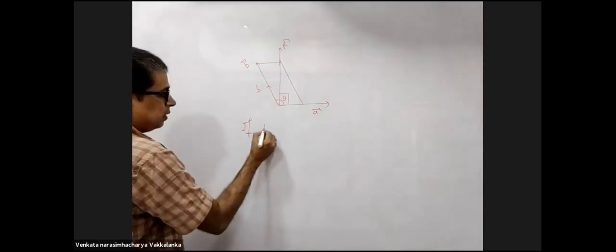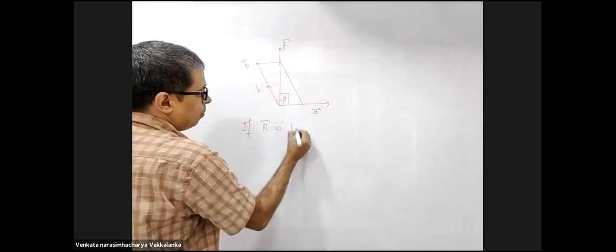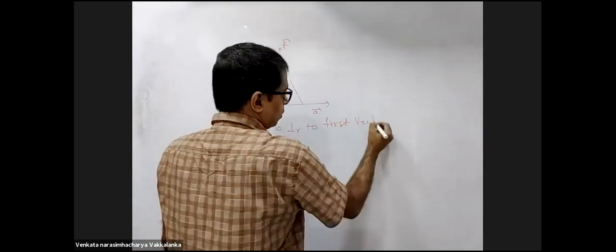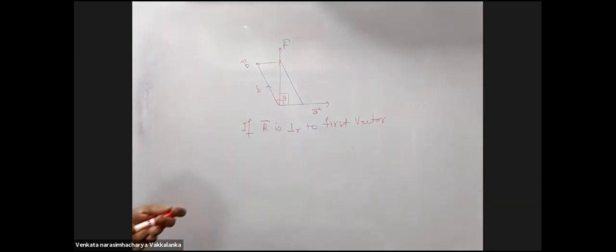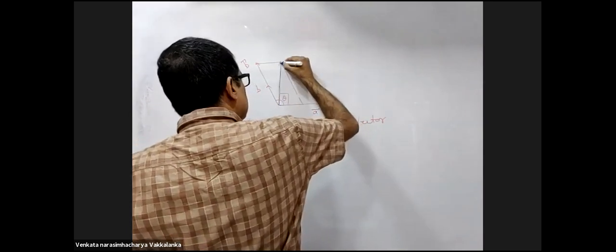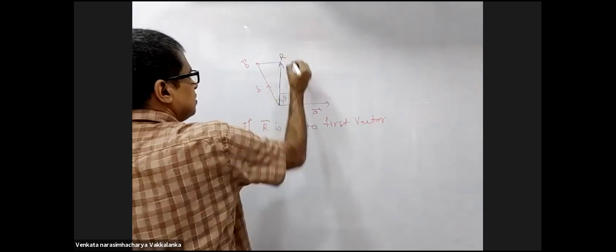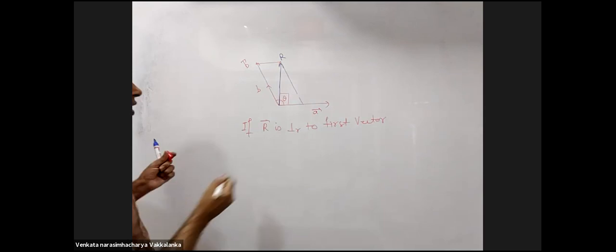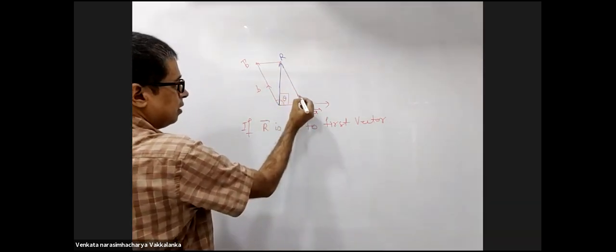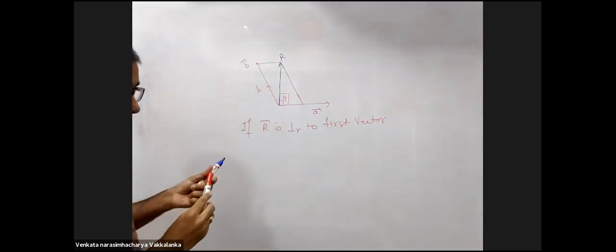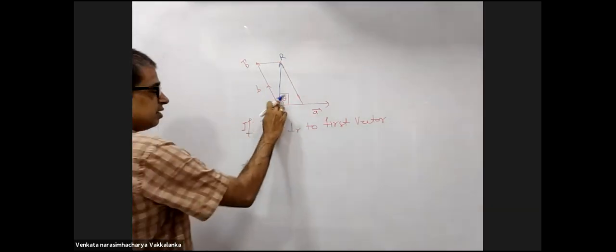If ever the resultant is perpendicular to the first vector, I'll draw the resultant separately so that you can see it clearly. This is the resultant R. A is the first vector, B is the second vector. If he tells you the resultant is perpendicular to the first vector, the angle between A and B is greater than 90.